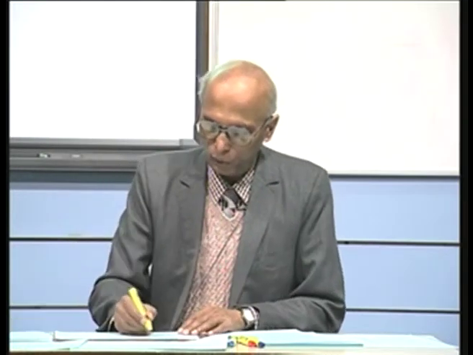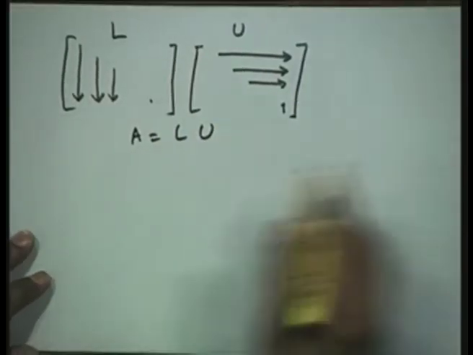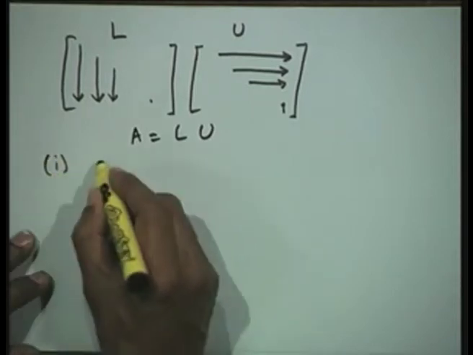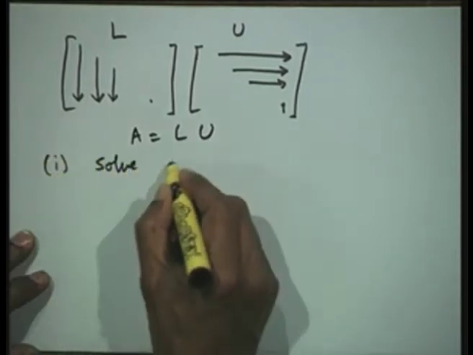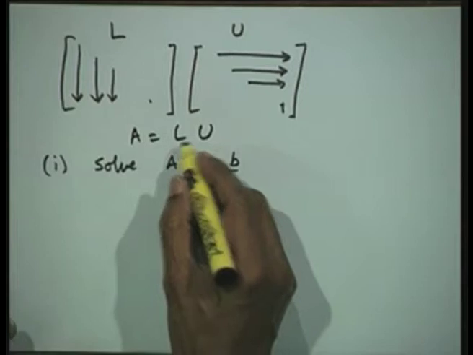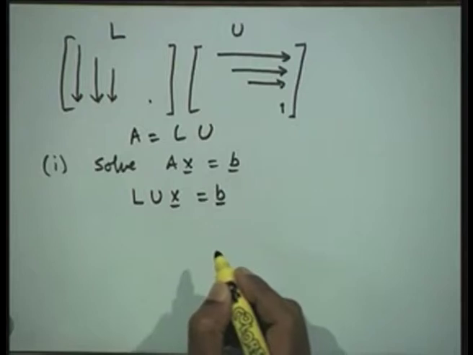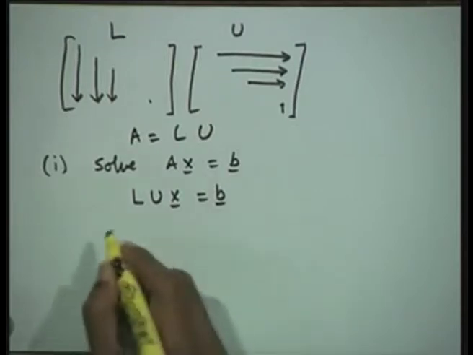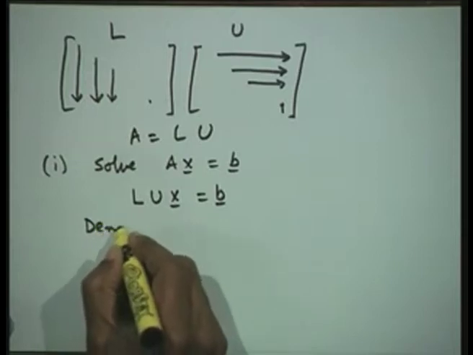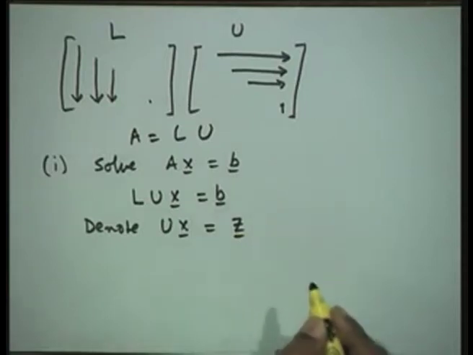Now, let us assume that we have obtained A is equal to L into U. The next step is to solve your system of equations Ax is equal to b. Now, we substitute for A, that is, LUx is equal to b. Now, I denote the product Ux is equal to some vector z.